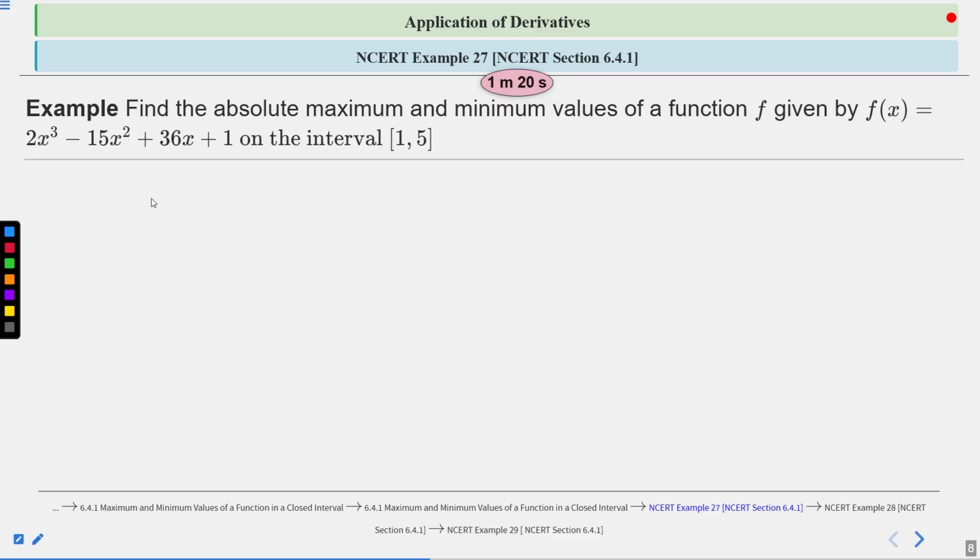Then we calculate the value of the function at those points, and also at the endpoints, 1 and 5. Out of all these points, the one with the maximum or minimum value is the point of maxima or point of minima. You have some time to solve or think about this question. After that, we will discuss the solution.